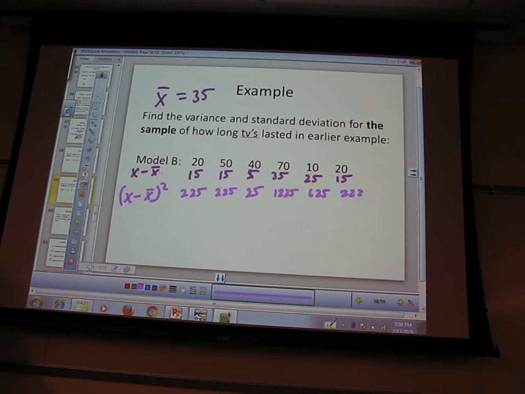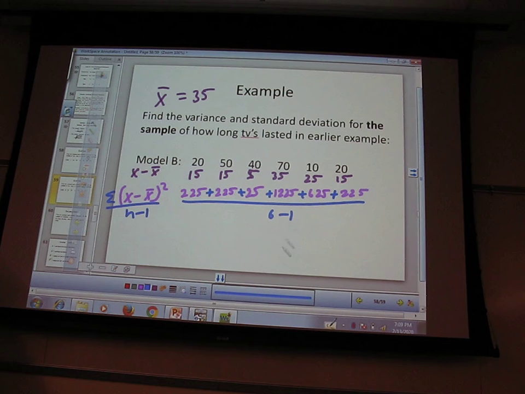And then we need to average those. Kind of average them. Add them up and divide by n minus 1. Add. Divide by, what am I dividing by? How many are there? 6, so 6 minus 1.